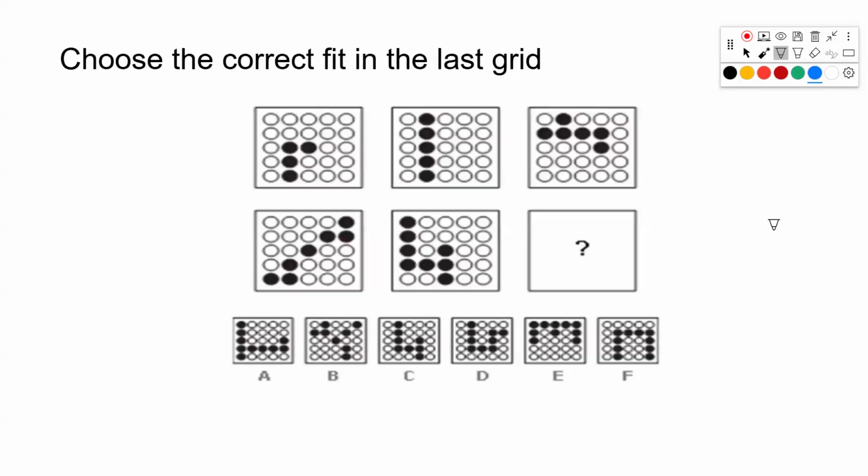Yeah, D is the right answer, Sai Teja. So you have four. Okay, so how many of them are shaded? Four. How many of them are shaded? Five. How many of them are shaded? Six. How many shaded? And how many shaded? Nine. The one which is having nine shades is D.